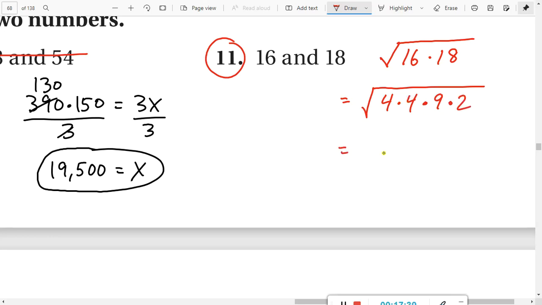The square root of 4 times 4 is just 4. Square root of 9 is just 3. And we're left with radical 2. 4 times 3 is 12 radical 2.